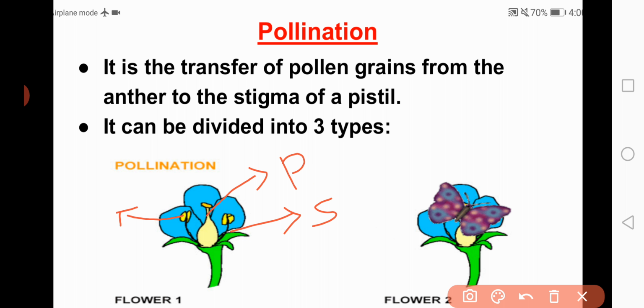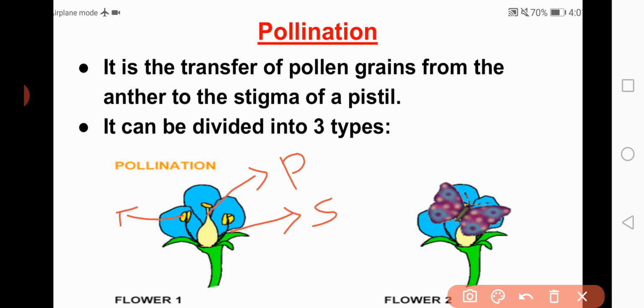Am I clear? So in the flower, the anther produces the pollen grains, and this pollen grain carries the male gametes. Now coming to the structure of a pistil. As I said before, the pistil is the female reproductive organ, and it mainly consists of three parts: stigma, style, and the ovary.